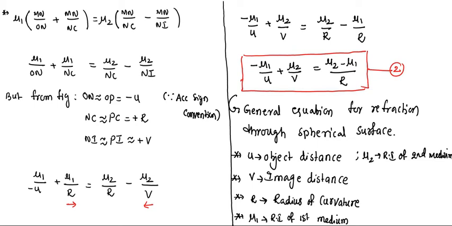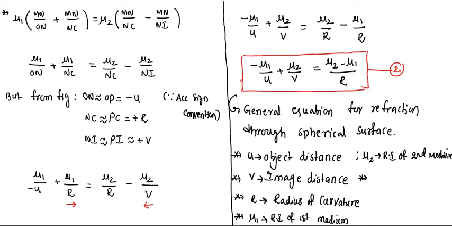Okay, and one more important point is that we derived this for only a convex spherical surface, but it is also applied for other spherical surfaces, for all surfaces. The above equation is applied in all cases.